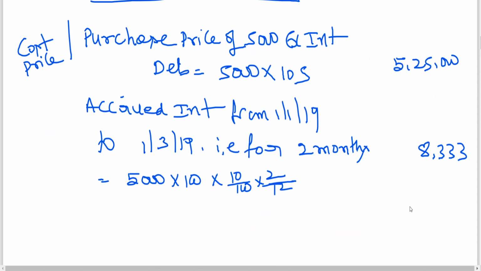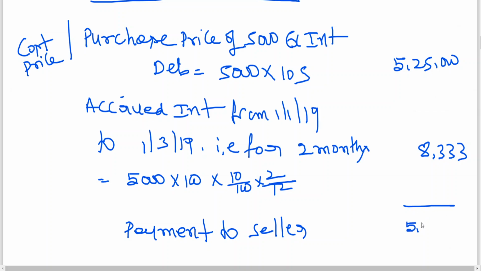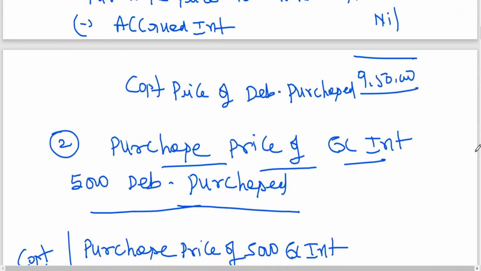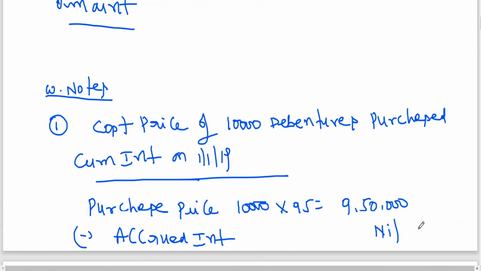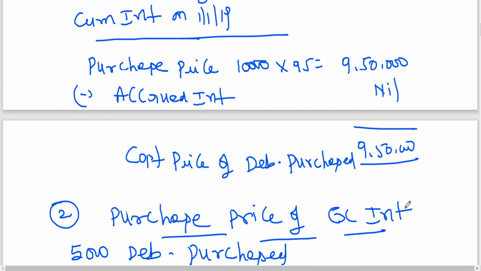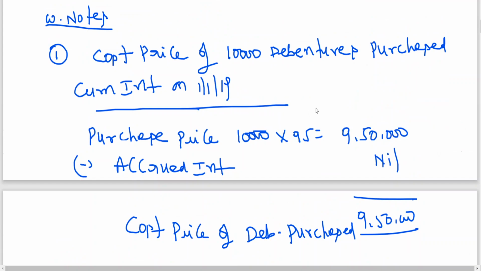So what is the final payment to the seller? This is the payment to the seller. Here, what is the payment to the seller? 9,50,000, the purchase price I told you.